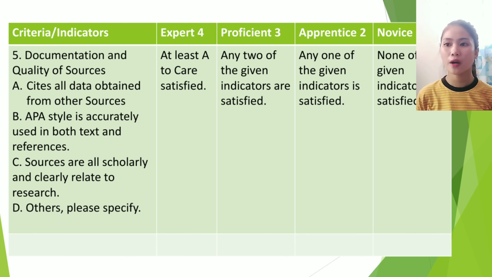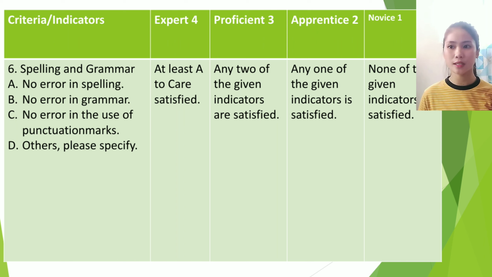And number 5, documentation and quality of sources. The criteria are letter A, cites all data obtained from other sources. And letter B, APA style is accurately used in both text and references. And then sa letter C, sources are all scholarly and clearly relate to research. Then the number 6, the spelling and grammar. The criteria are letter A, no error in spelling.